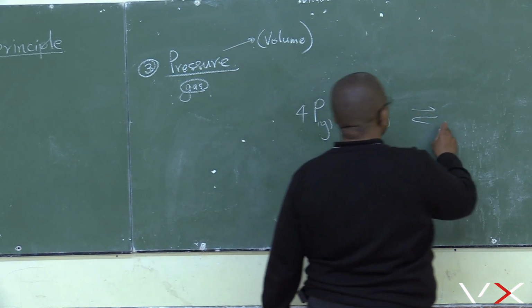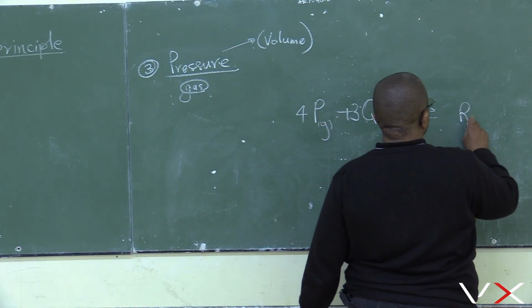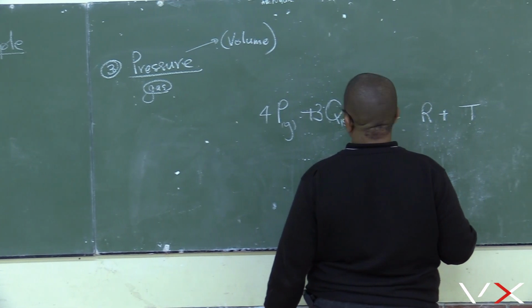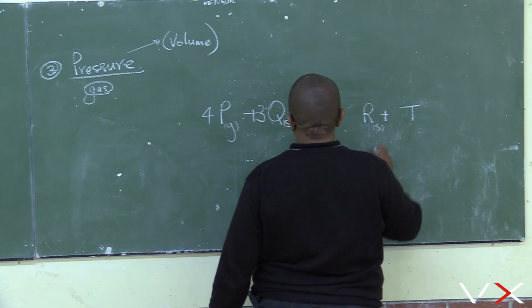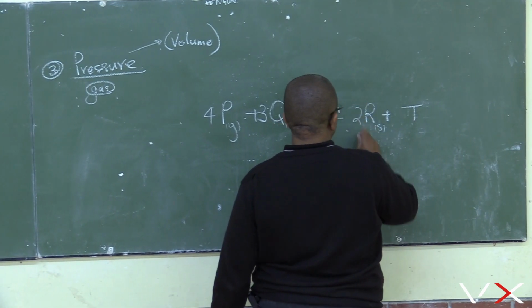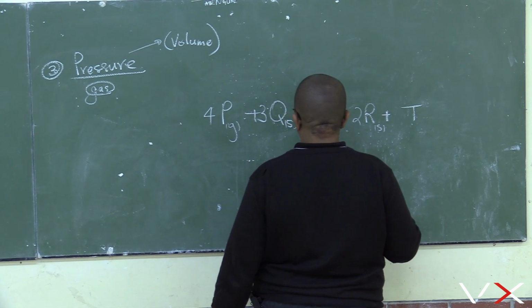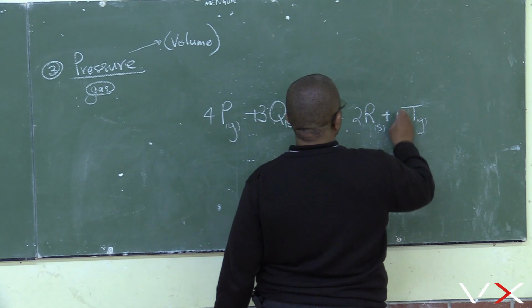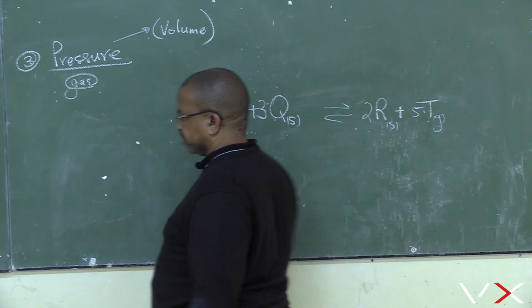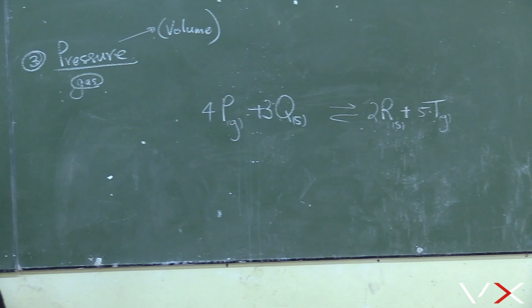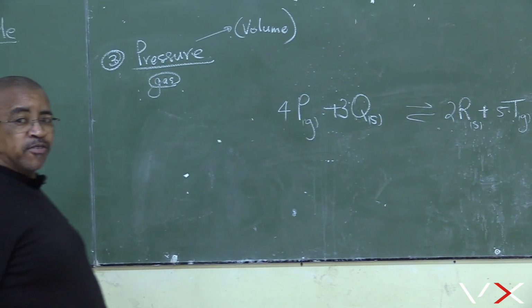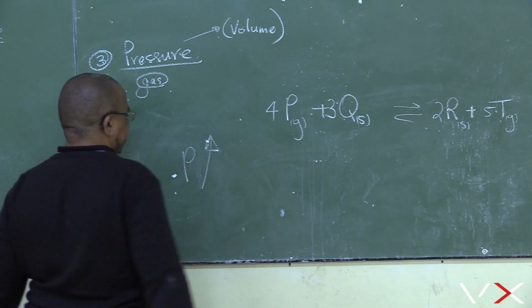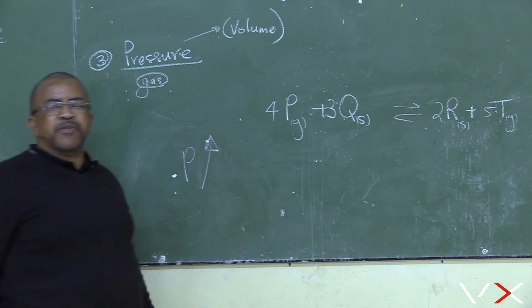It's in equilibrium with R and T. R is a solid with 2 moles. T is a gas with 5 moles. 5 moles, and you increase pressure.